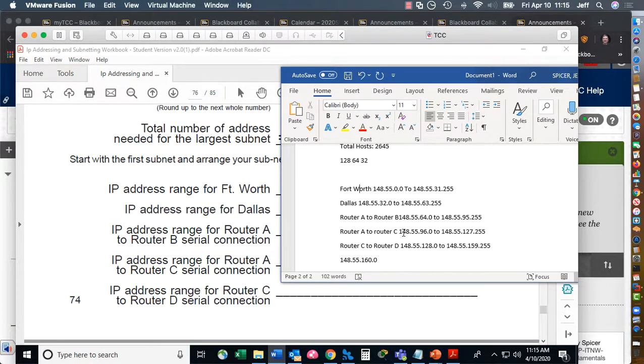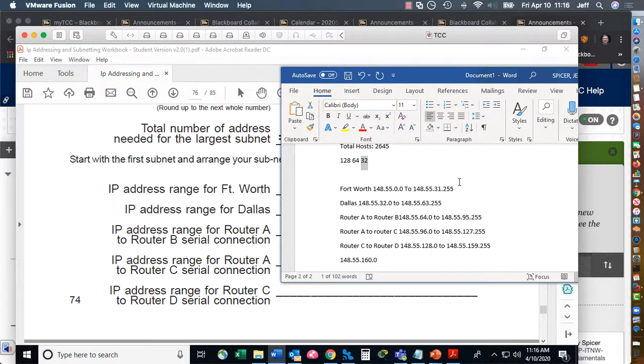It's fairly simple once you figure out how many bits you're borrowing and what number you need to be moving up your networks by. It's that lower bit number of the bits borrowed for your network number.